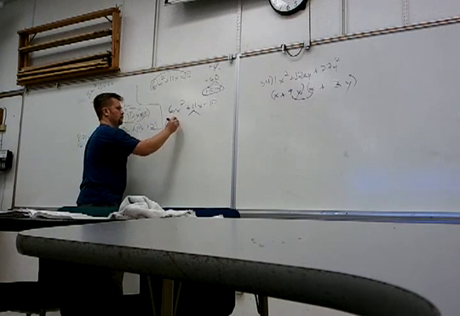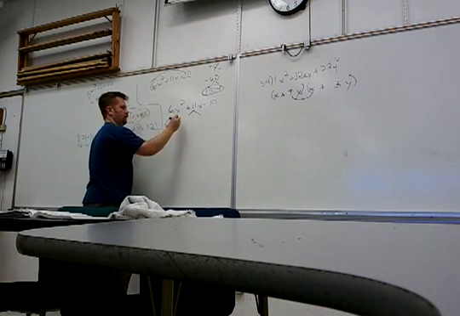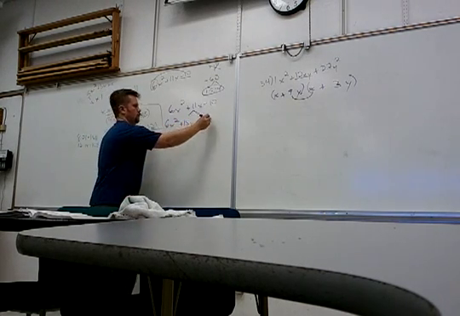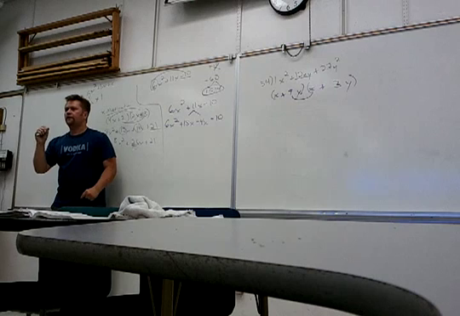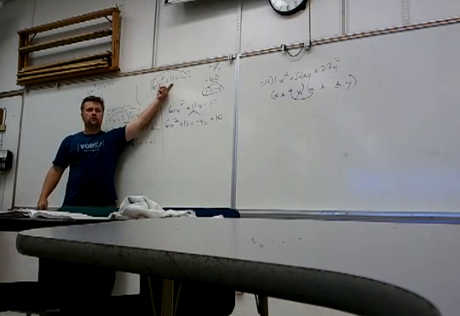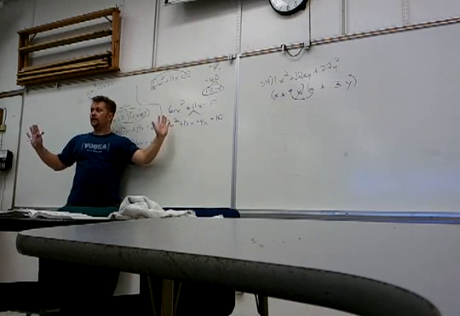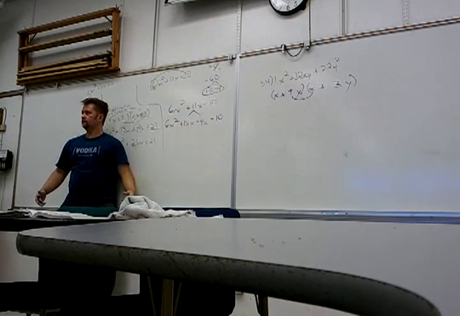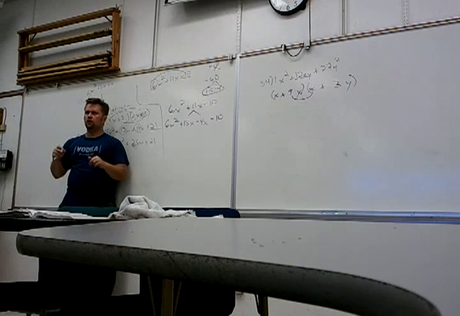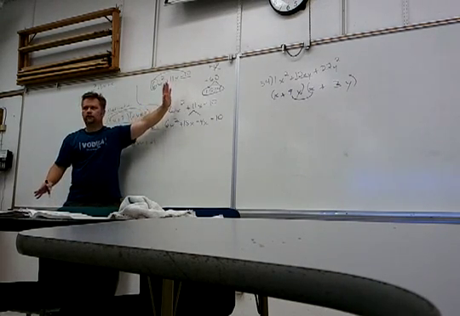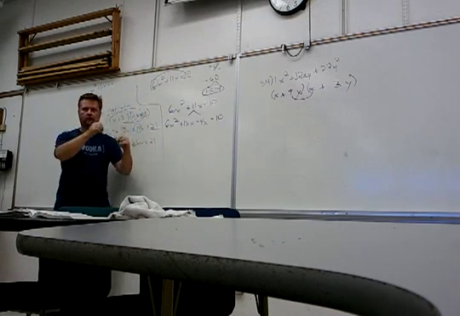So if I make this 6x squared, 11x is 15x minus 4x, right? So the whole point of the surefire method is to take an ugly 3-term problem and make it into an ugly looking 4-term problem that we know isn't ugly. It's grouping, that's easy. You guys see that? So as long as you know what your goal is, it makes the middle part easier to remember.